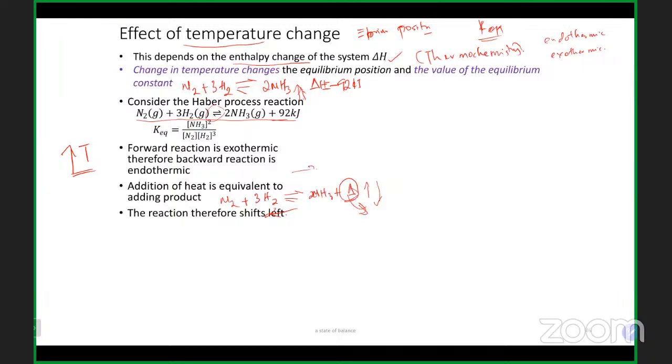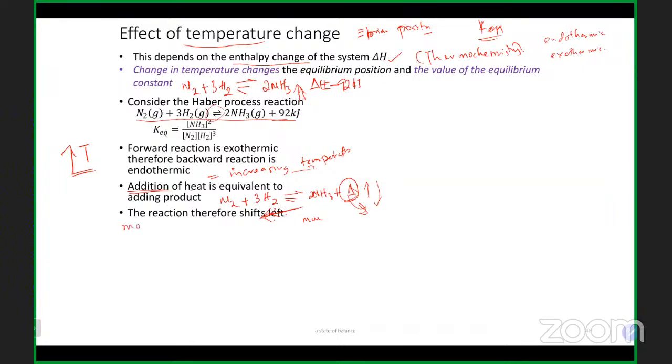Anyway, before we move on, what happens to the equilibrium constant? If we add heat, let's say we are increasing the temperature, because addition of heat means increasing temperature. So the equilibrium shifts to the left, meaning more of NH3 is consumed.